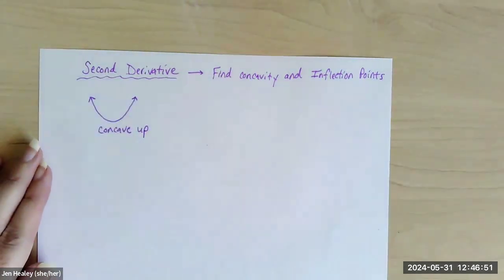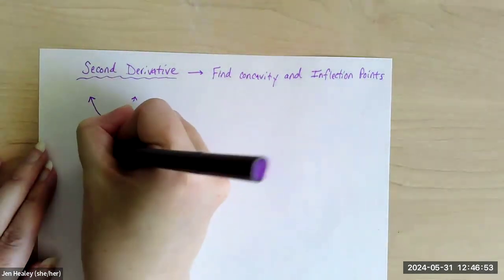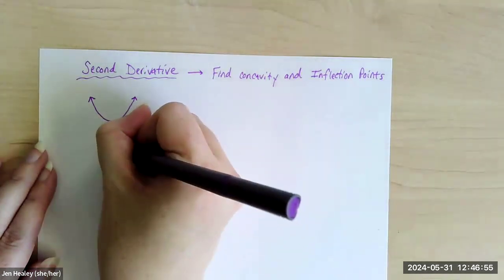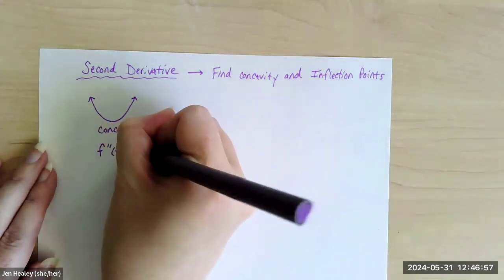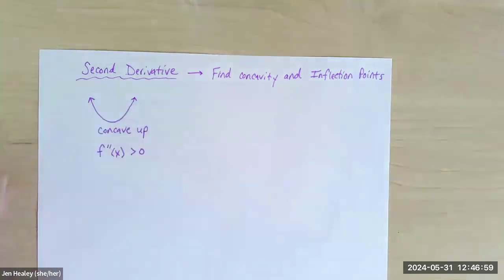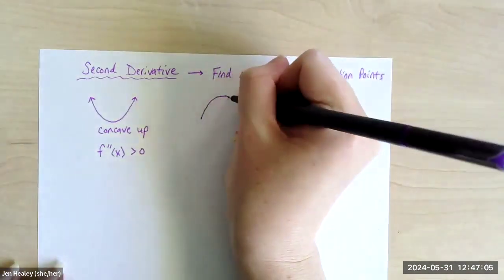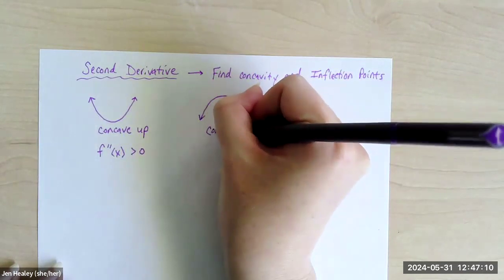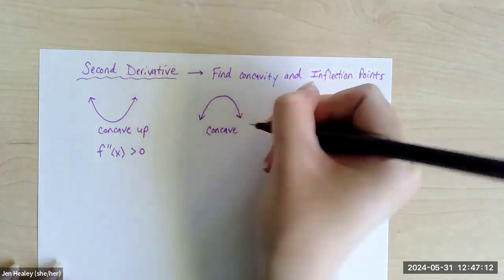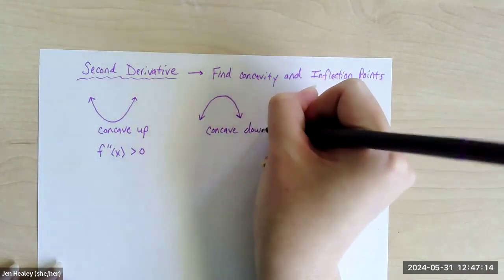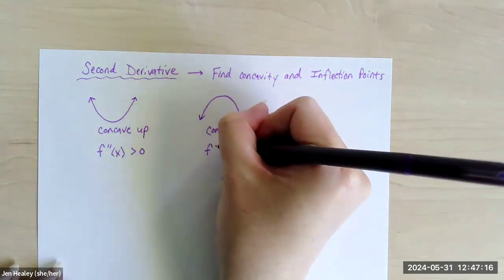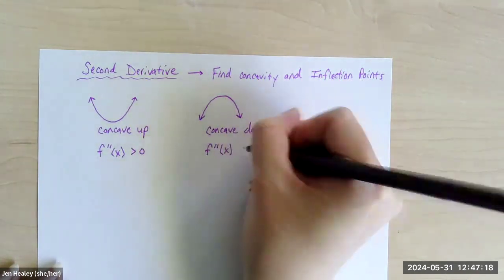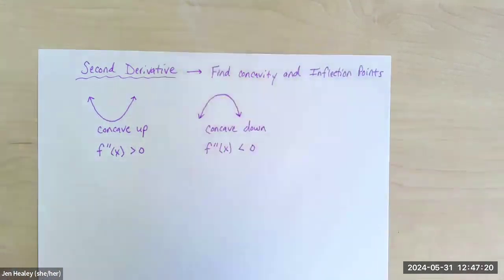And when things are concave up, the second derivative of the function is greater than 0. And if I draw a graph that's like this, that's concave down. And you could probably guess that the second derivative would have to be less than 0 for concave down.